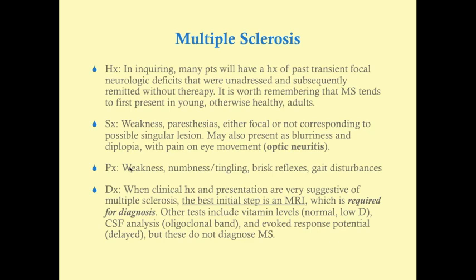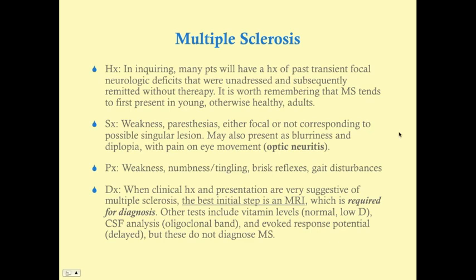And then optic neuritis is another thing that you can see, and that's pain with eye movement. And that often coincides with other ocular symptoms like blurriness and diplopia. So the blurriness, eye symptoms, weakness, focal neurologic deficits in a young person coming and going is usually multiple sclerosis.